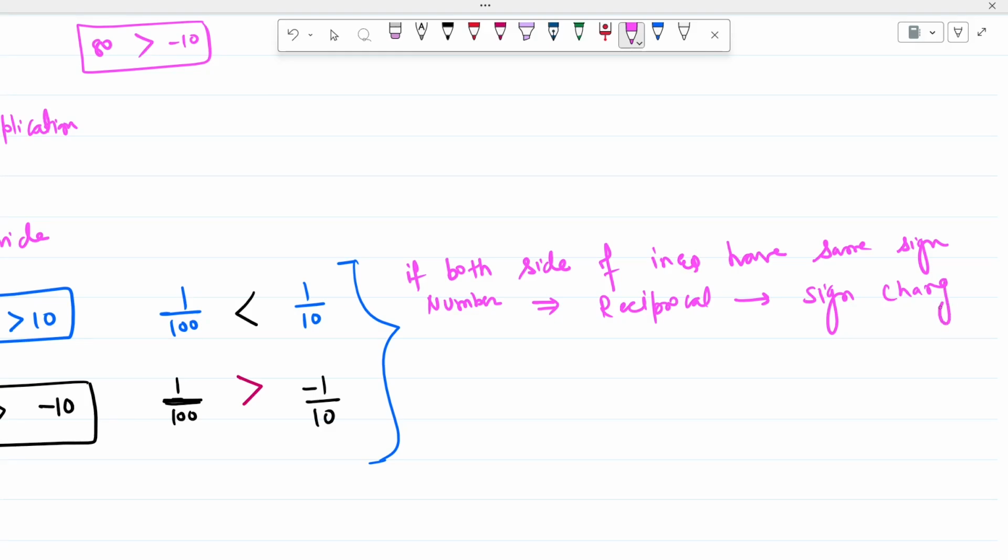And obviously, if you have a different sign number on each side, what will happen if you take the reciprocal?